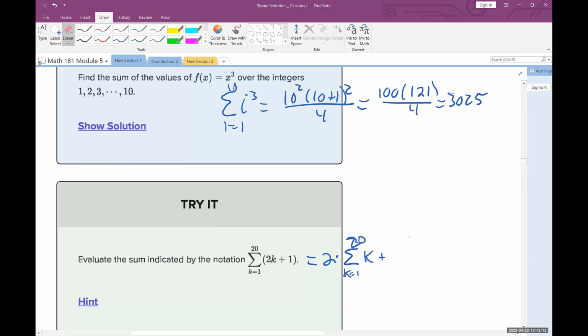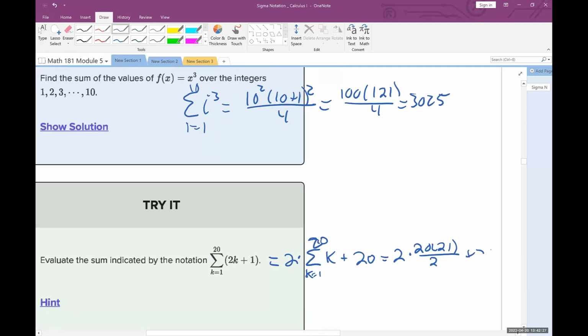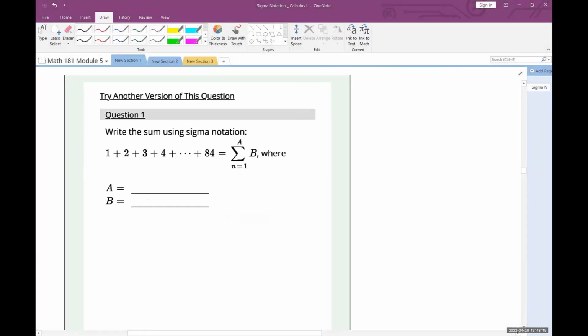You're right, it's just 20. We need to make it harder. So it's 2 times 20 times 20 plus 1, which is 21, divided by 2, plus 20. It's really those twos could divide out. And I ended up with 440, good.